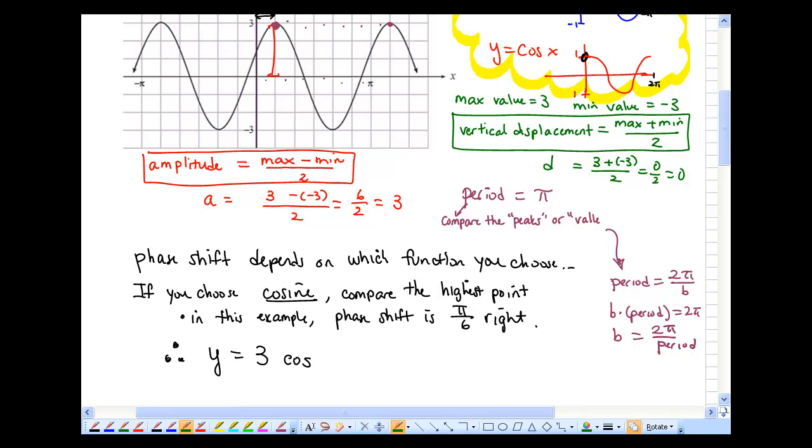So back to my equation, y equals 3 cosine 2 bracket x minus my phase shift, pi over 6. And then I'm going to add to it my vertical displacement, plus 0. Well, you don't even need to write down plus 0 if you don't want to. Okay, there you go. That is one possible equation.